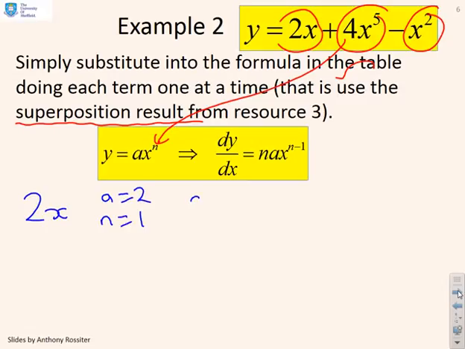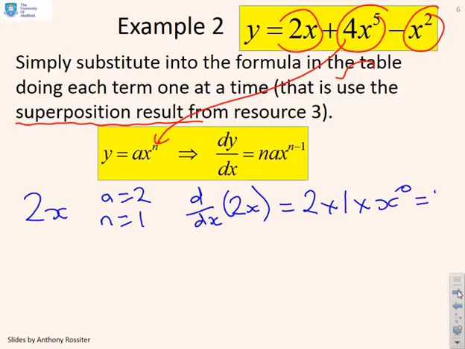So the derivative of 2x is going to give me 2, that's from the a, times n, which is 1, times x to the 0. In other words, just 2.